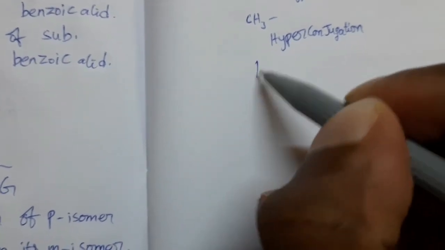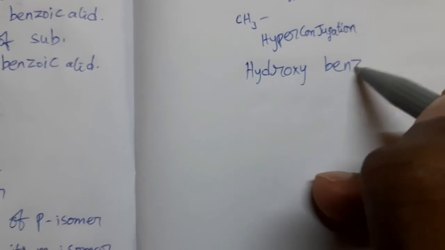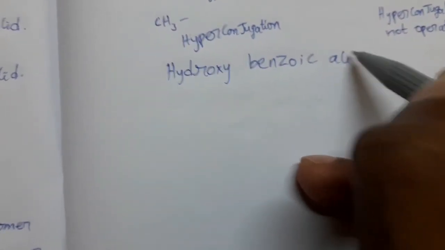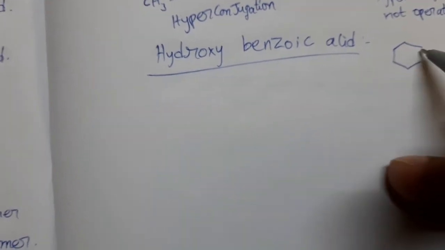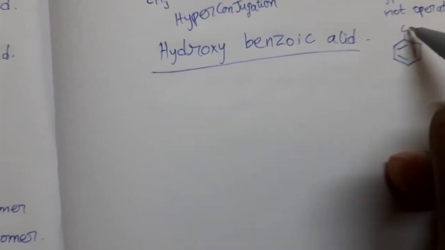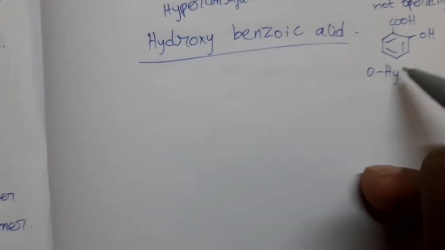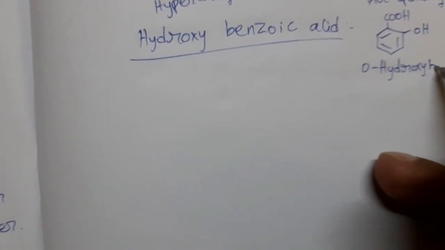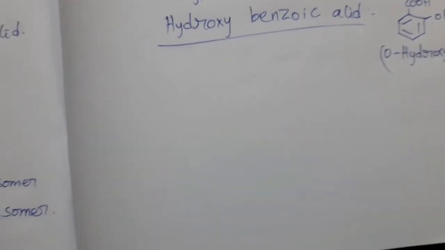Acidic strength for hydroxybenzoic acids. Hydroxybenzoic acid, the structural formula is this one: COOH and OH. This is ortho hydroxybenzoic acid.